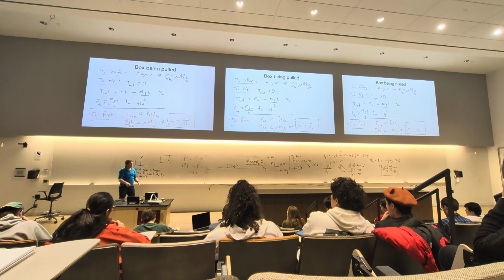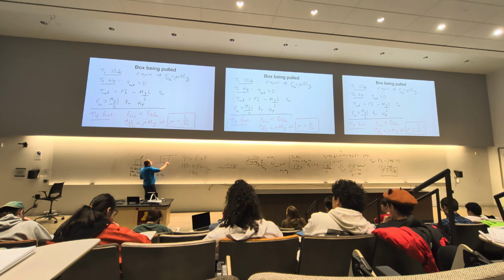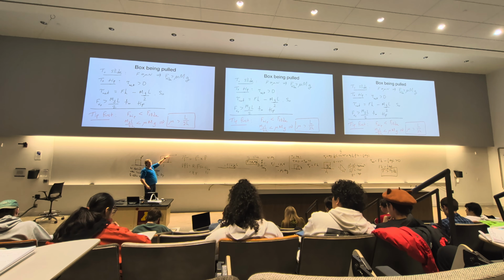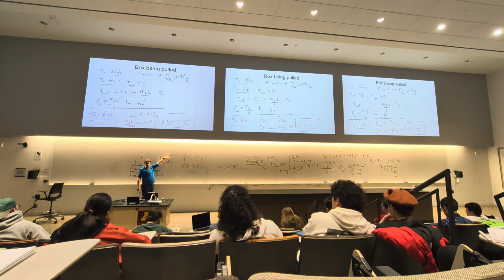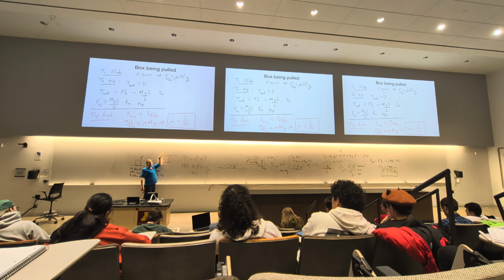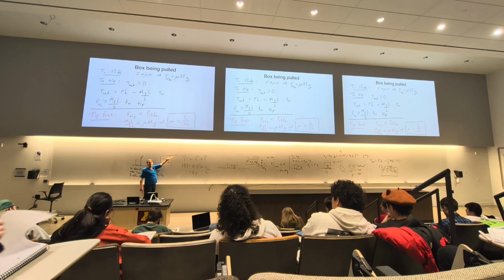So the question is, where do you get the biggest torque? So here's the axis. The further from the axis you apply your force, the bigger your torque. And that's why it's easier to tip something over if you pull or push on the top of it.